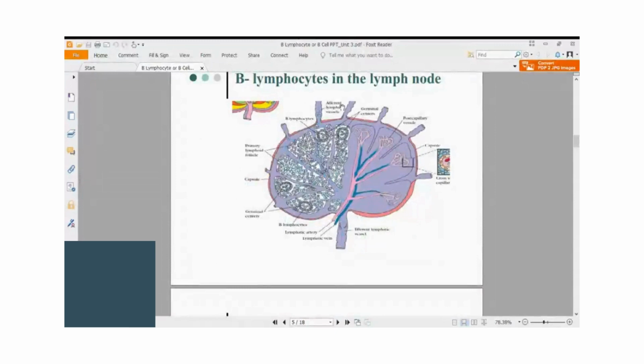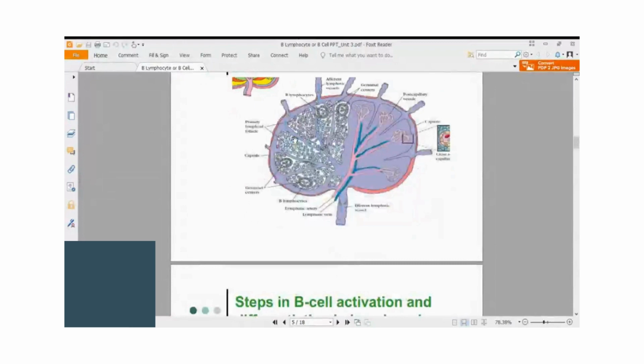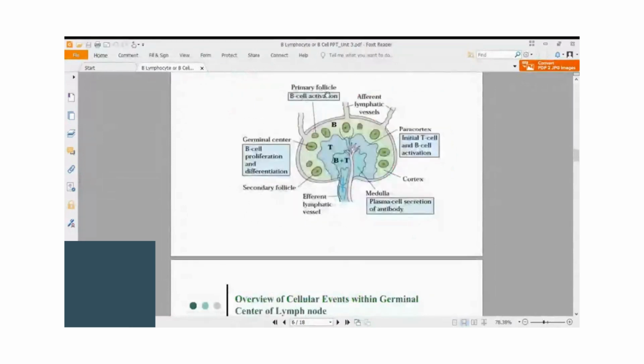From the afferent channels, they arrive in the cortex area of the lymph node, and they aggregate there to form the primary lymphoid follicle in the cortex area. There they have to now wait for the foreign antigen contact.